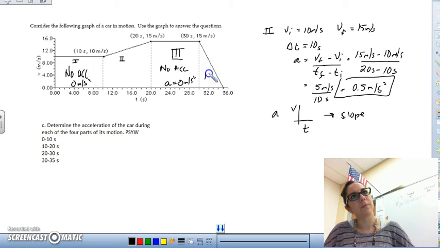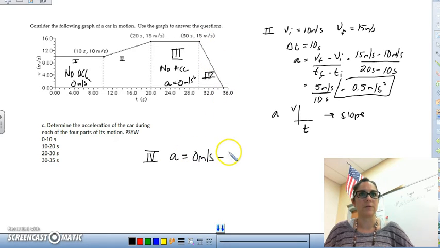Now let's calculate part 4. We're going to get the slope again. So let's take the slope of that and see what we get. Acceleration: final is 0 meters per second minus initial, 15. The final time is 36 seconds minus the initial time, 30 seconds.